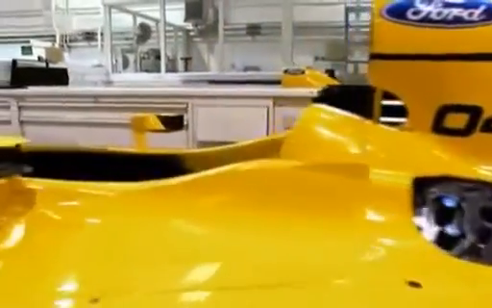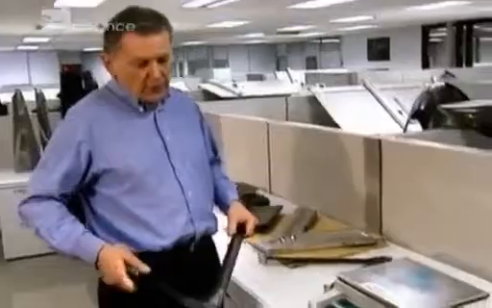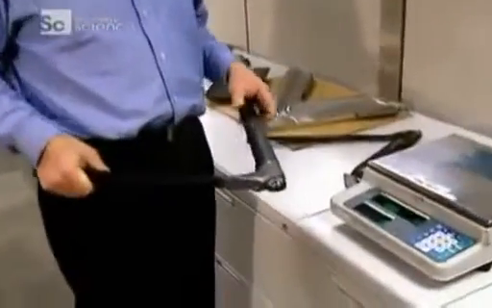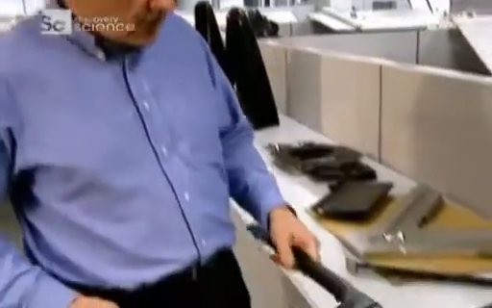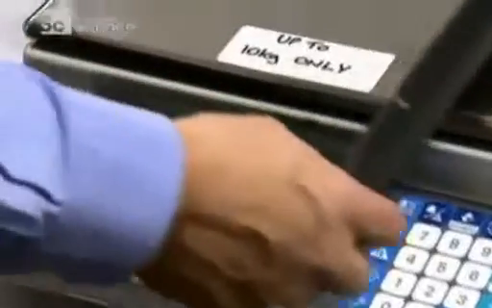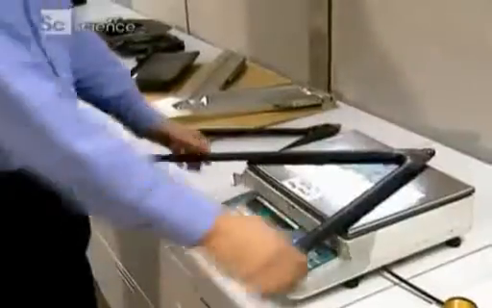There's another reason carbon fibre has taken over from steel and aluminium in the building of a Formula One car. This wishbone, which is part of the suspension system holding the wheel on, is from about 93, 94, handmade in steel, hand welded. If we put that on the scale, we can see that we've got a shade over 1.3 kilos.